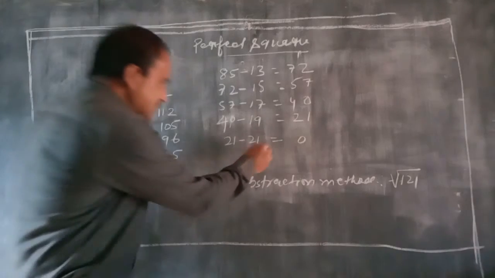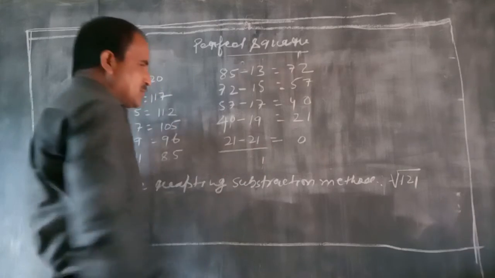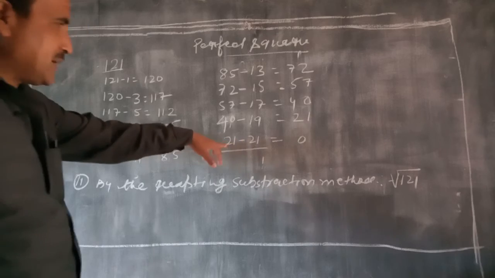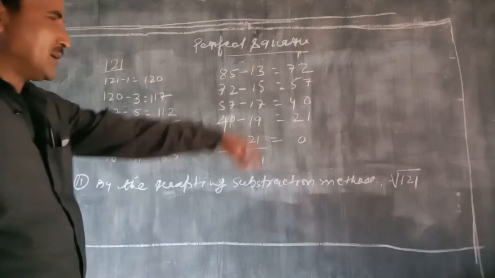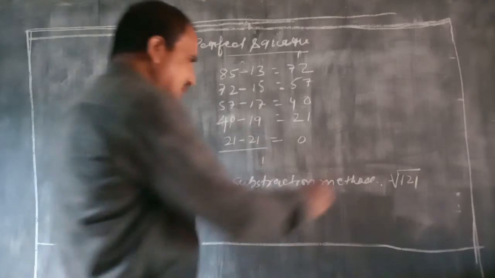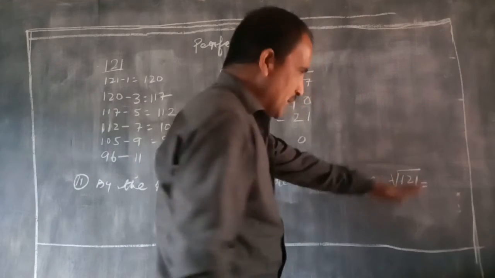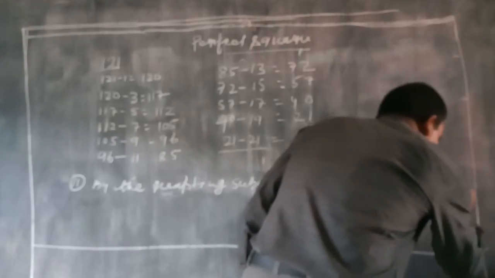So, students, by the repeating subtraction method, we got 21 minus 21 is equal to 0. Then we can say directly that the square root of 121 is 11.